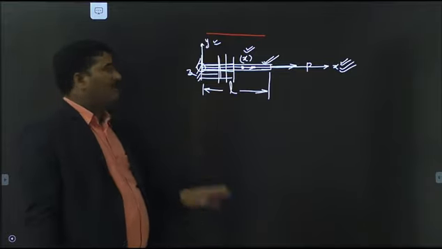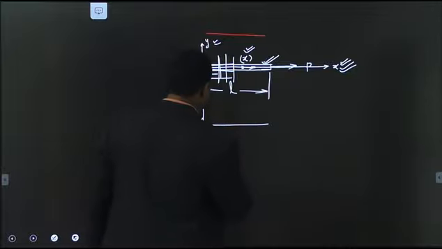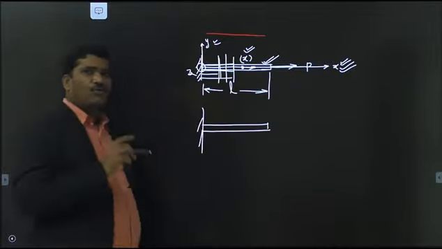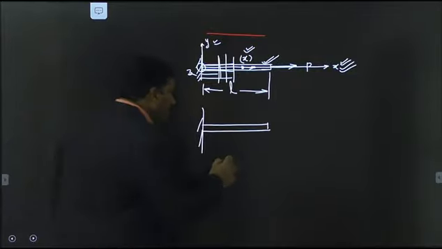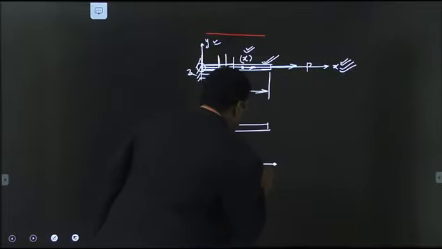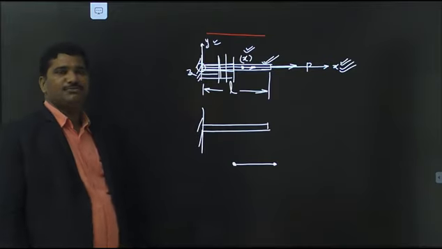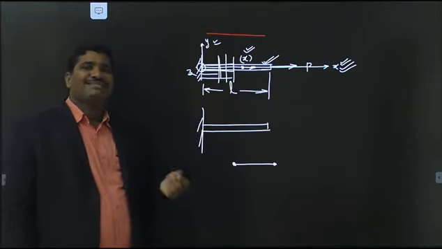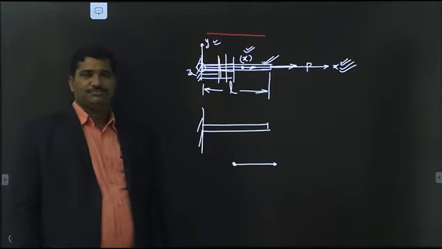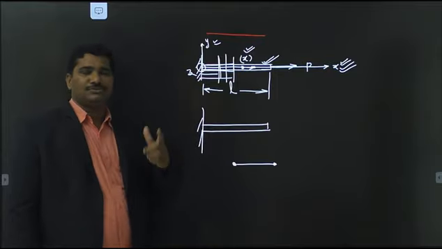For finite element idealization of this body, or you can say domain, you can take a one-dimensional element. A one-dimensional element consists of two nodes. What is a node? A node is a discrete point where the field variable is unknown.